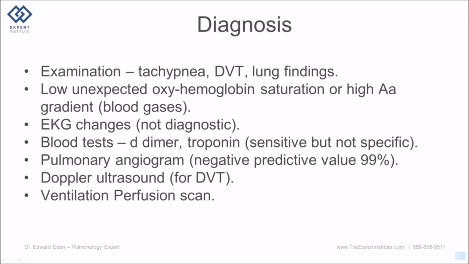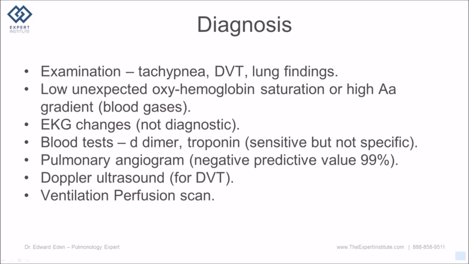EKG changes are common, particularly in large pulmonary embolism, but are non-diagnostic. Blood tests, D-dimer and troponin, are quite sensitive, but they are not specific to the diagnosis of pulmonary embolism and may be found in a variety of other conditions, including heart disease.